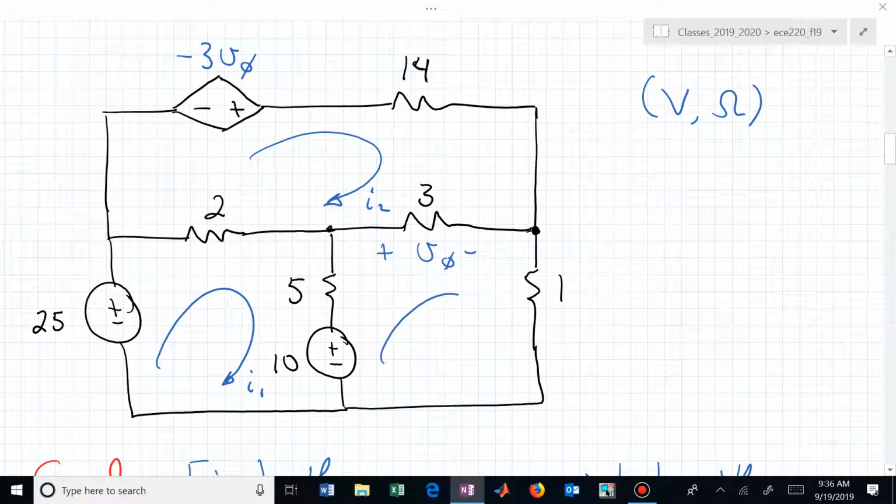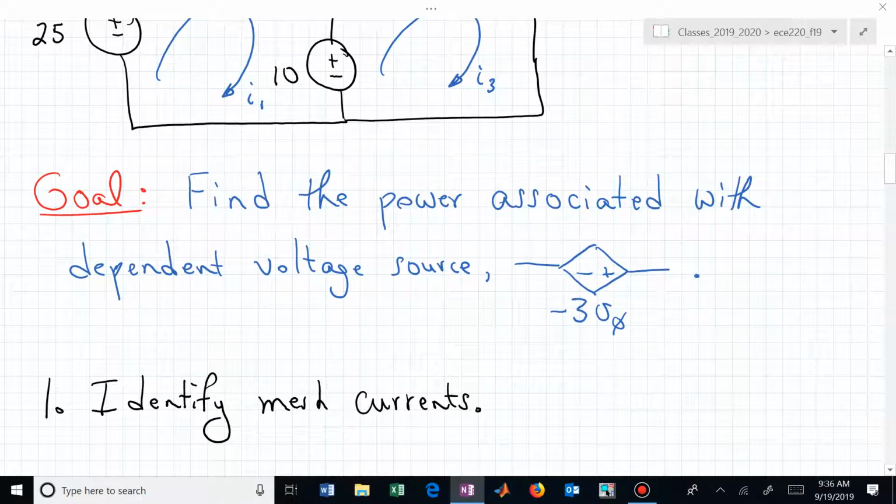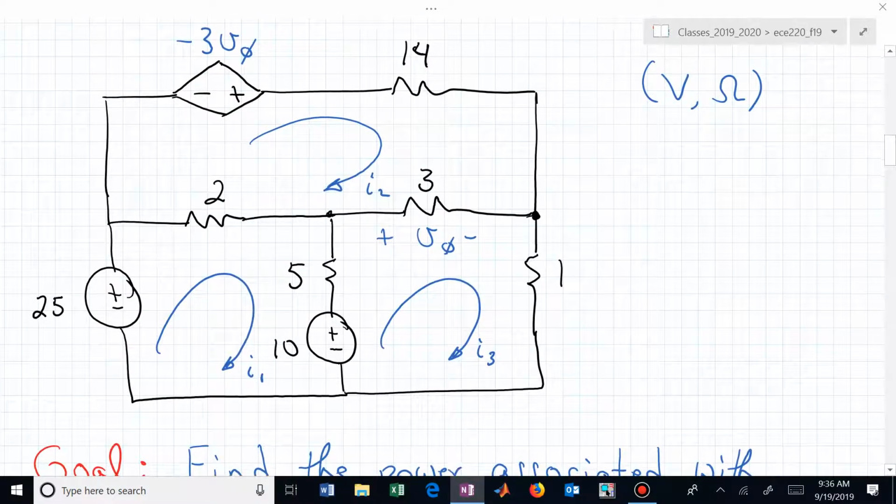And then the remaining mesh is in the lower right, and I'm going to label that as a mesh current I sub 3. That's really step 1, is identifying the mesh currents. I have I1, I2, and I sub 3 in that circuit.